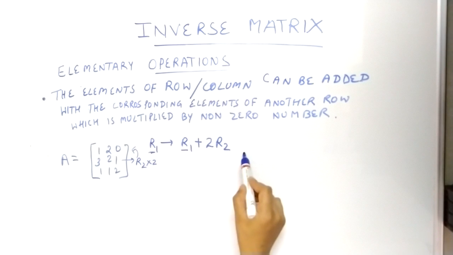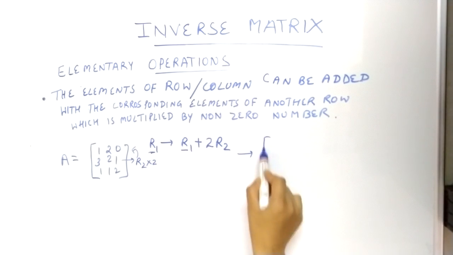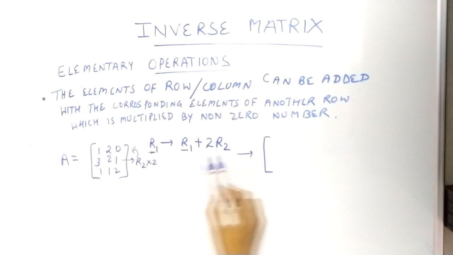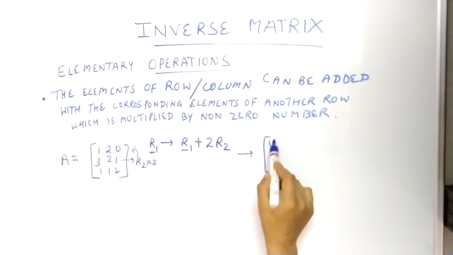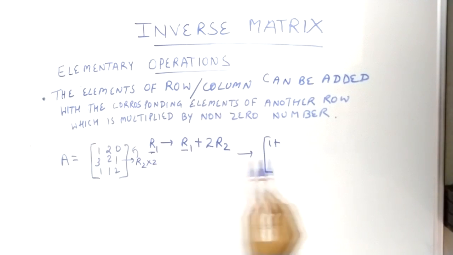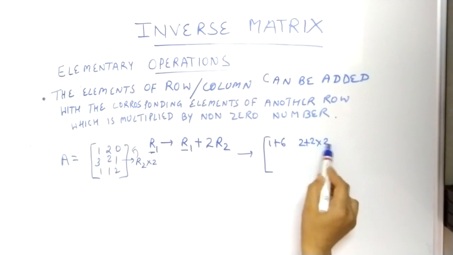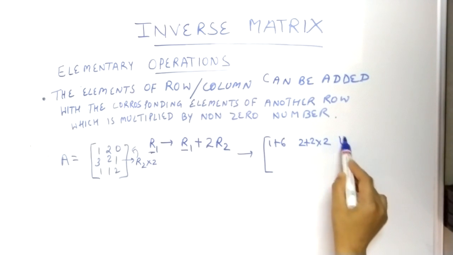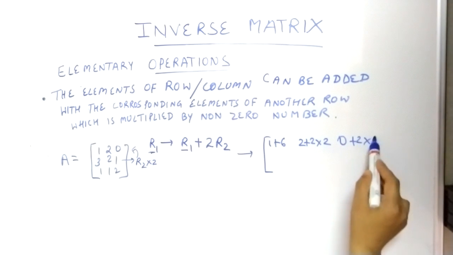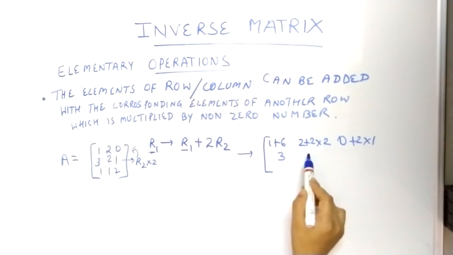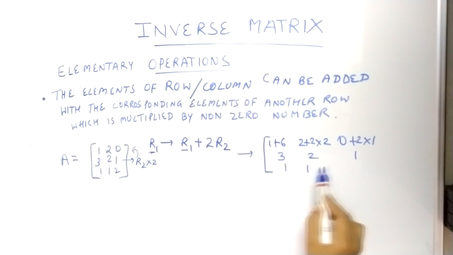After doing this, our R1 will be 1 plus 3 into 2, 6, 2 plus 2 into 2, 0 plus 2 into 1, and the other 2 rows will come as it is.